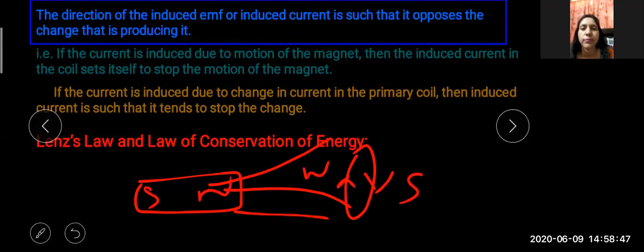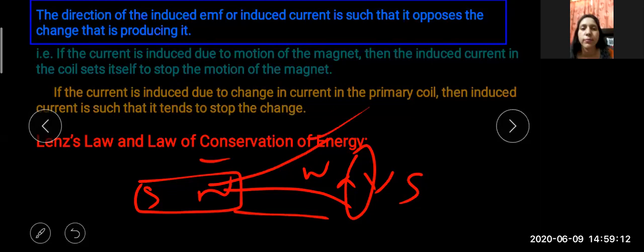South and north. Okay, so as a result, the loop becomes a magnetic dipole. The face of the loop approached by the north pole of the magnet becomes north pole, and the other face becomes south pole. Clear? The mechanical work is therefore done against the force of repulsion between north pole and north pole.